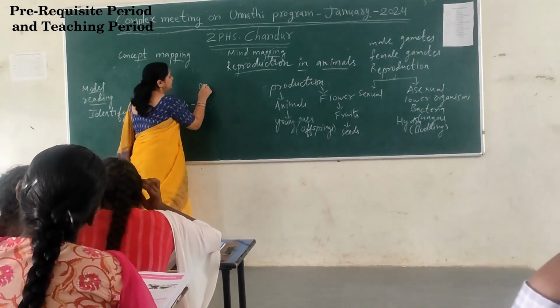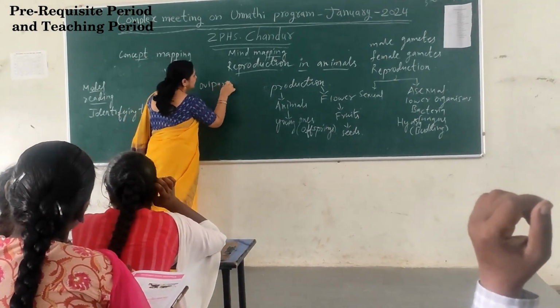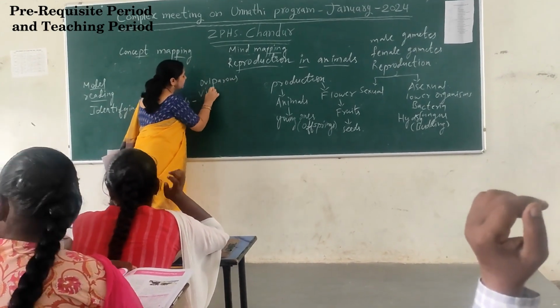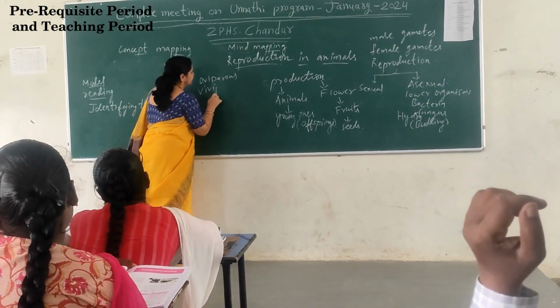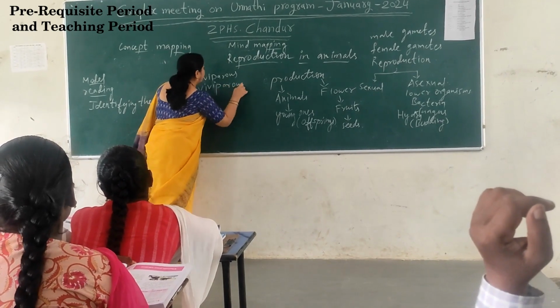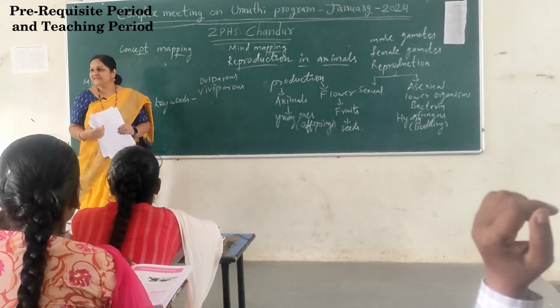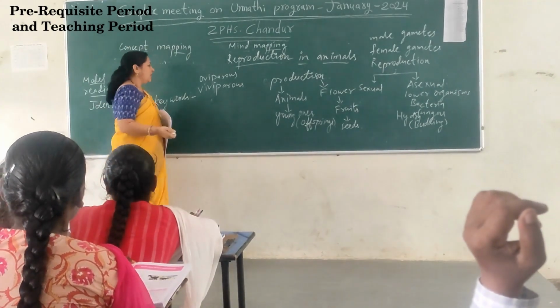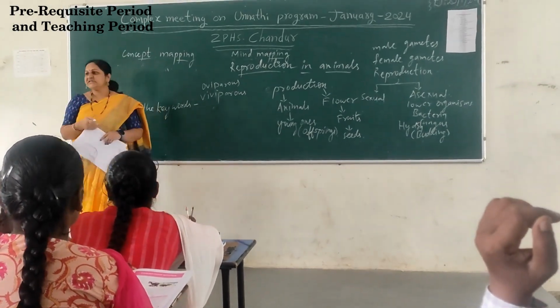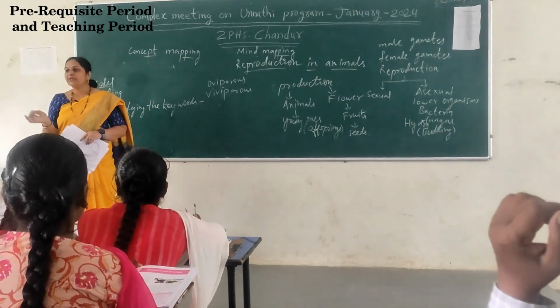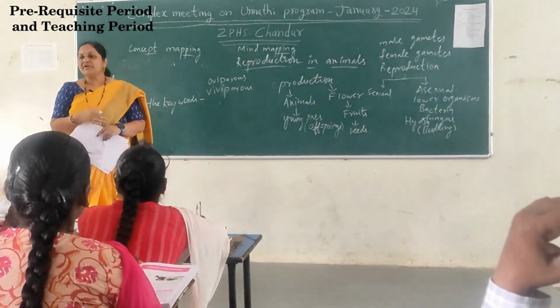Oviparous. Okay. Once one will start, then the others will repeat that. Oviparous, viviparous. Omnivores, carnivores are not there in what we have just learned.